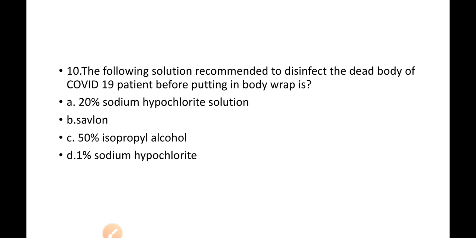Disinfecting the dead body of a COVID-19 patient is a very important job. If the body is not properly disposed of, there will be chances for major transmissions and outbreaks. There will be a number of cases arising from this negligence too.